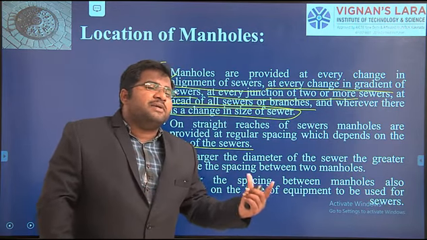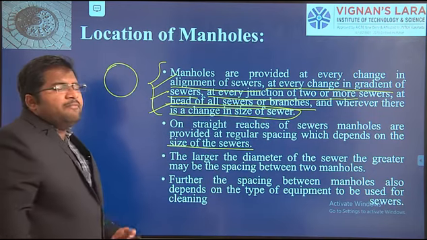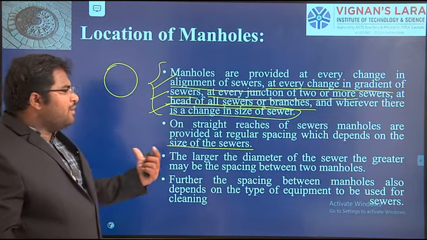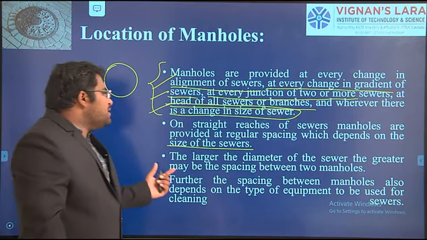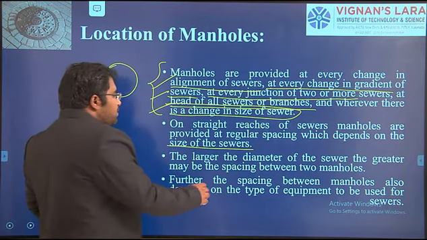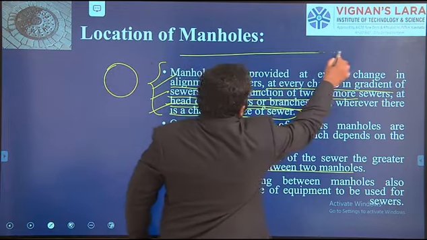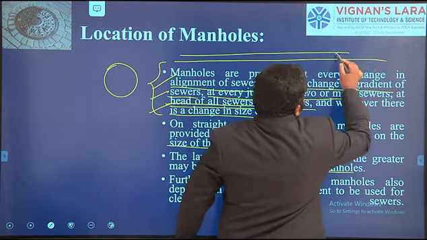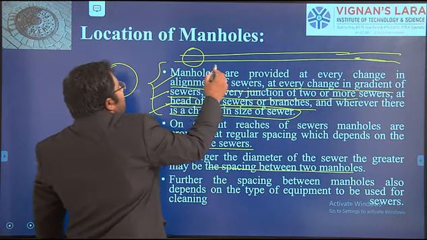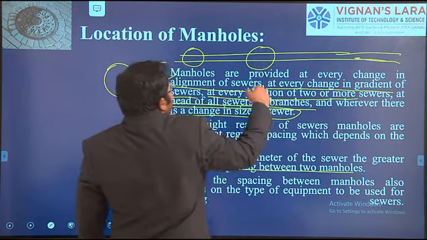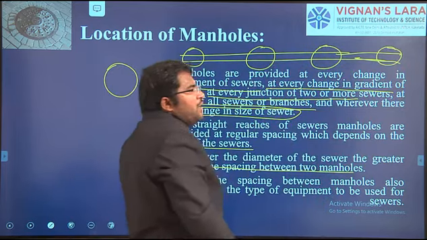That regular interval is based on the size of the sewer. The larger the diameter of the sewer, the greater may be the spacing between two manholes. If this is a big straight sewer line, I am going to construct manholes like this.